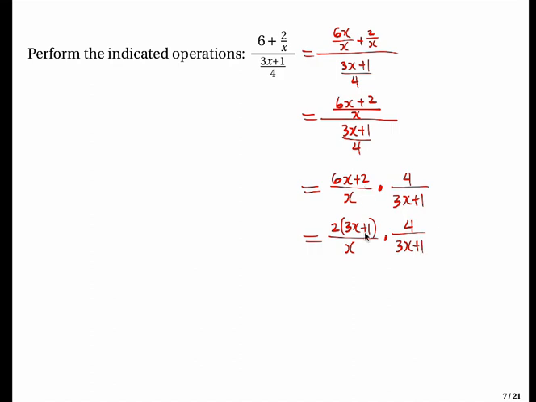And notice, 3x plus 1 here and 3x plus 1 here can be cancelled, which gives us 2 times 4, that's 8, and the denominator is simply x times 1, so it's just x. So this is the final expression of this complex rational expression.